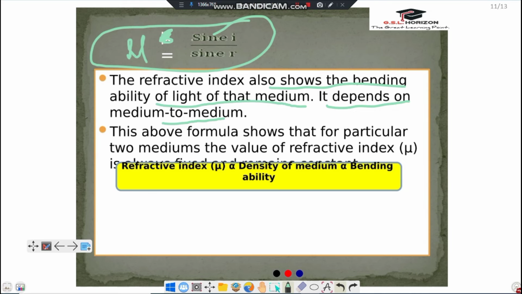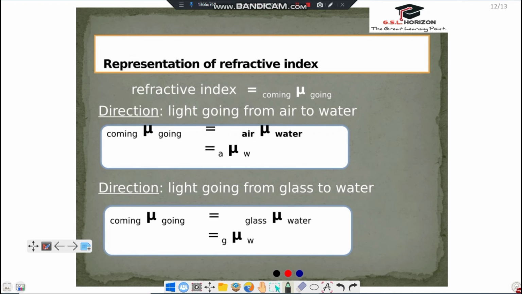The above formula shows that for two particular media, the value of the refractive index mu is fixed. As you can see on your screen, refractive index mu is proportional to the density of the medium and proportional to the bending ability.